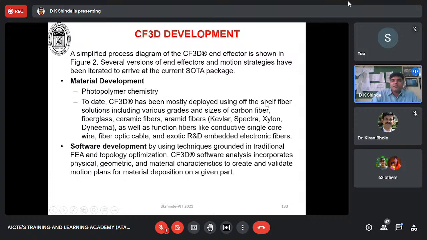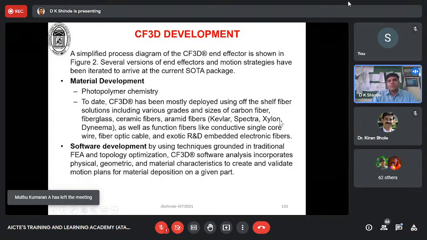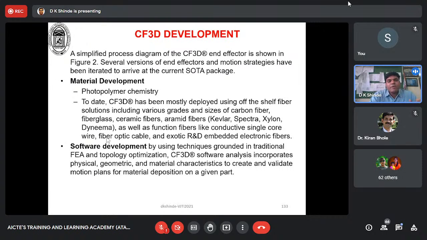You can use any fibers currently available in the market: carbon fiber pre-preg, glass fiber pre-preg, ceramic fiber pre-preg, or aramid fibers like Kevlar, Spectra, Zylon and Dyneema. These fibers are available, and you can use them in the form of wire, and even optical fibers can be printed. People now use available materials in industry to print such structures, choose the resin, and cure it.